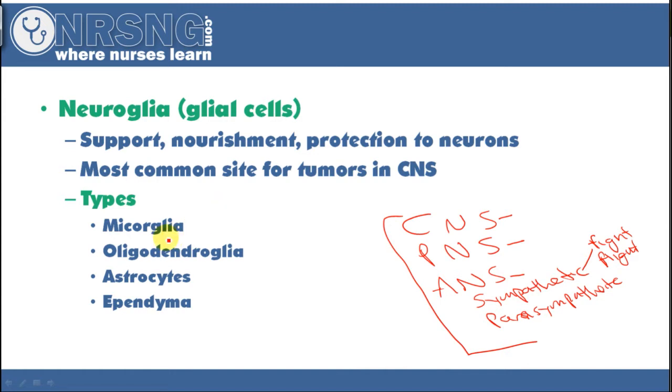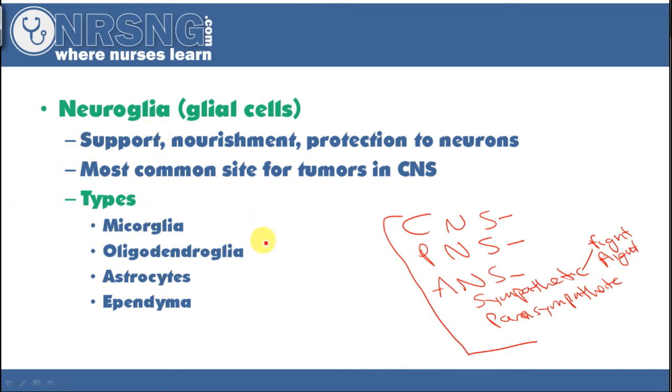So we have our microglia, and the microglia are actually kind of rare within the CNS, but whenever there's any damage to the neurons, they become active and go to the site of that damage and phagocytize the tissue or the debris.